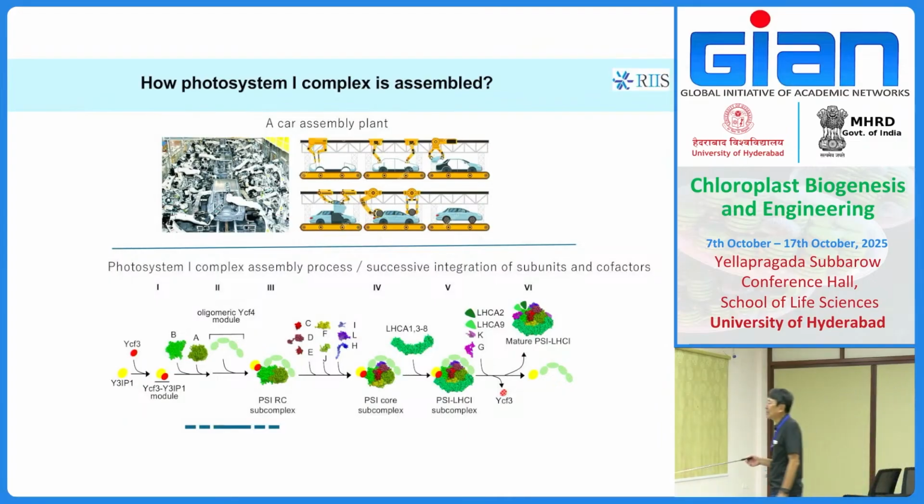So in the factory, what happens is, can you see this? The robot assembling a part at the proper position, right? It's not random. And also the order of assembly of parts is fixed, right? If you put the parts in the wrong steps, it's difficult to make cars.